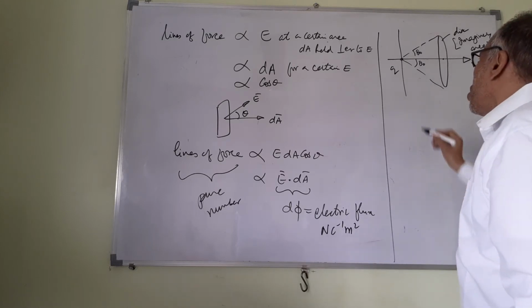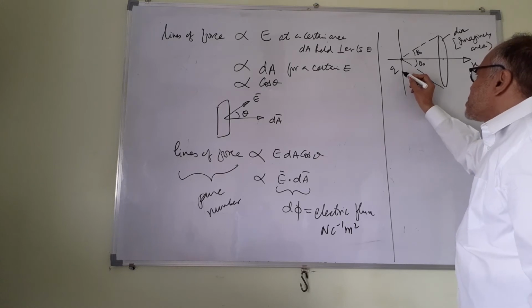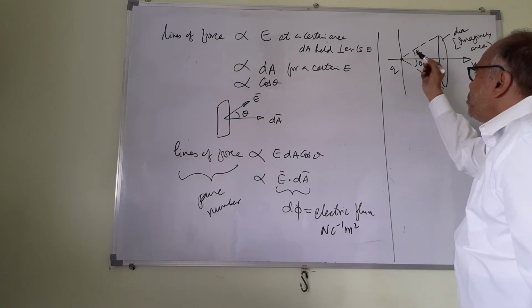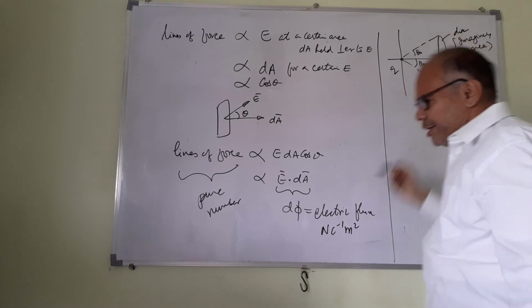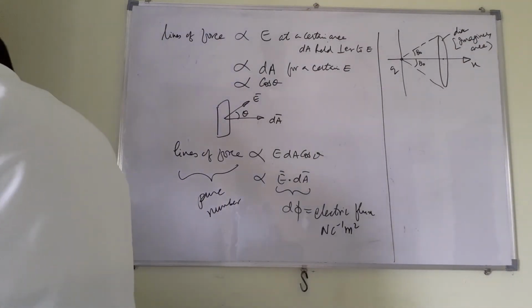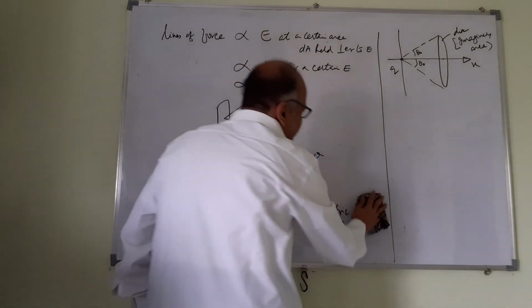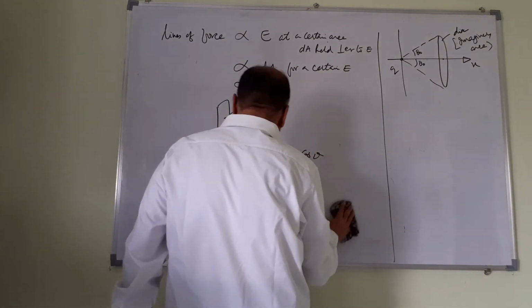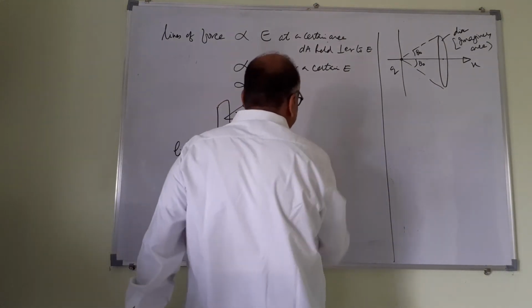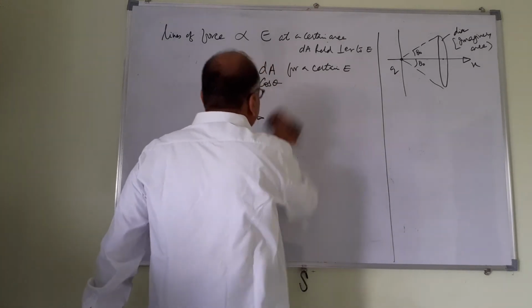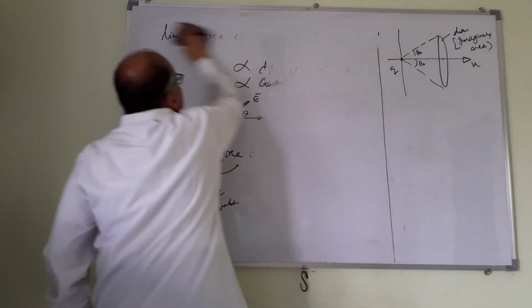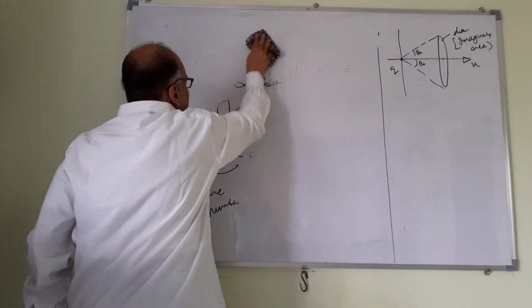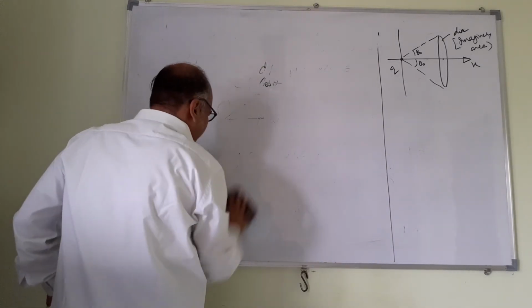We wish to find out what is the flux of Q, that is the number of lines of force of Q that pass through this area. Let us see how we can do this. Well, if you take the formula for the flux, d phi is equal to E dot dA.